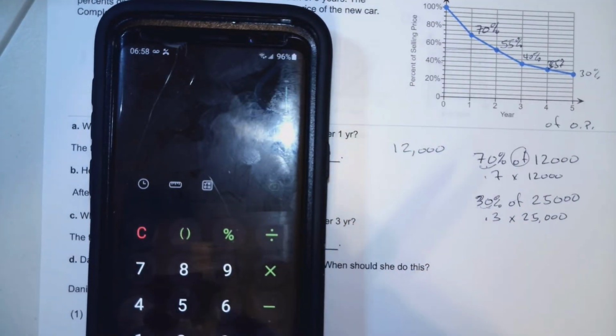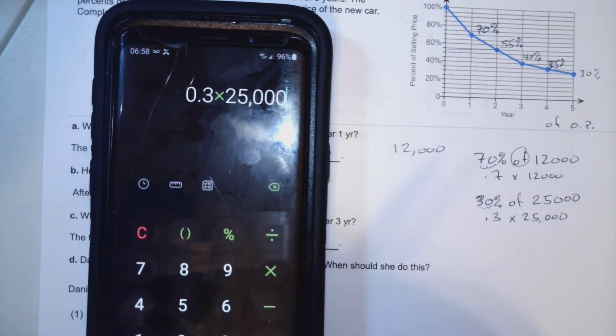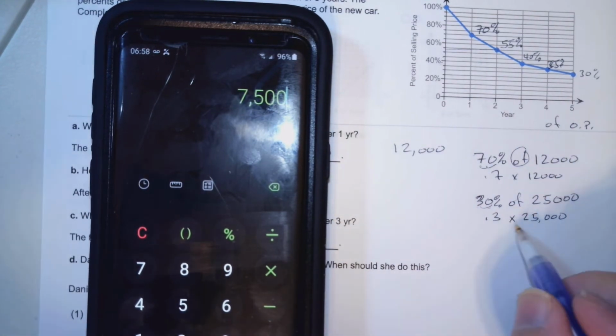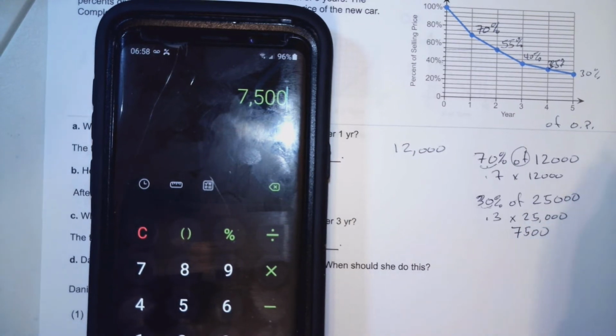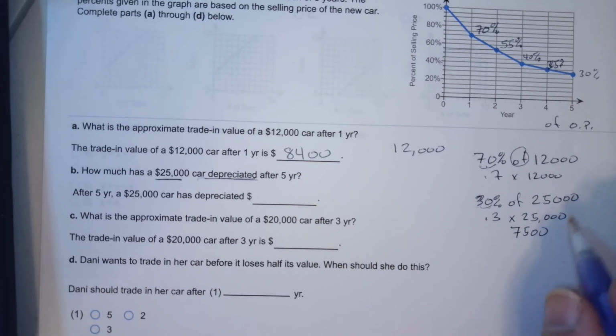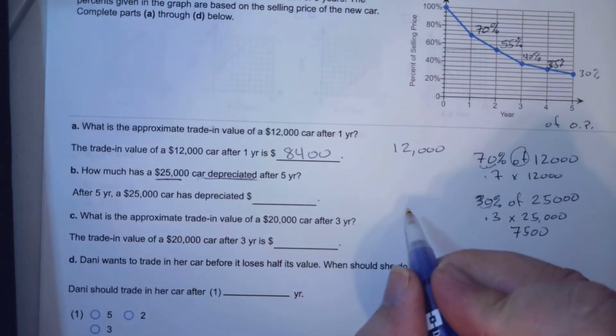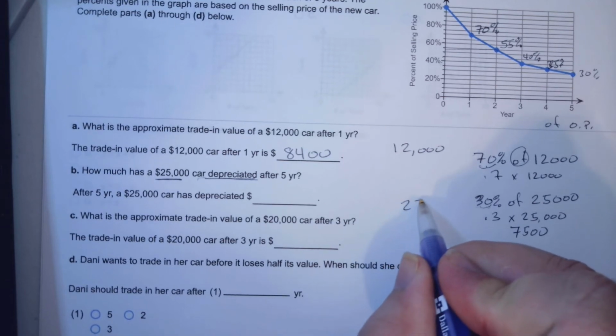That's going to be about 7,500. So 0.3 times 25,000 is 7,500. So that's what the price of the car is now after 5 years. It started off at 25,000.